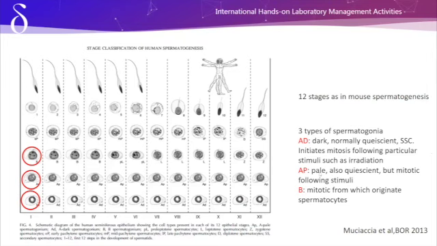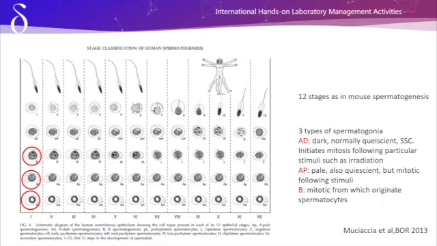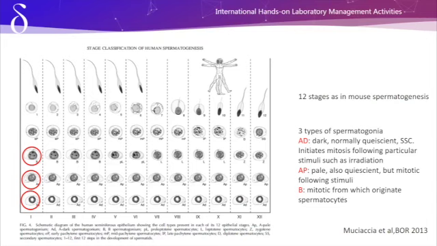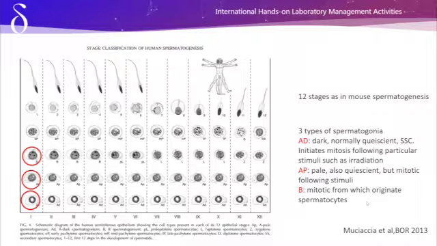AP or A pale cells are also quiescent, but they become mitotic following hormonal stimuli. And the B cell is the product, B cells are those from which originate the spermatocytes and from which spermatogenesis progresses.